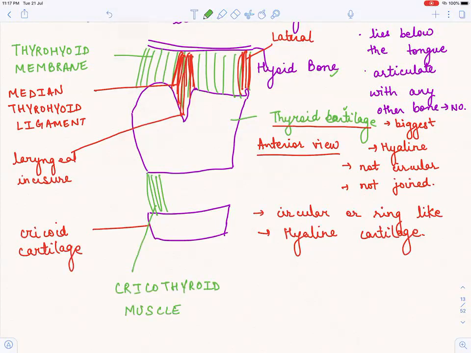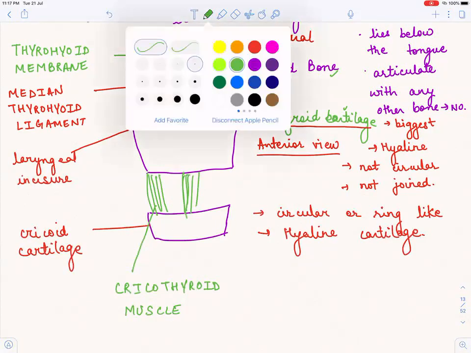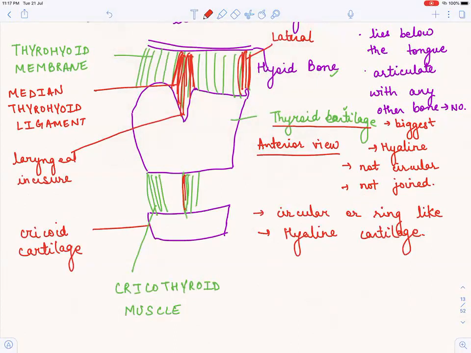This is the ligament, the median cricothyroid ligament.